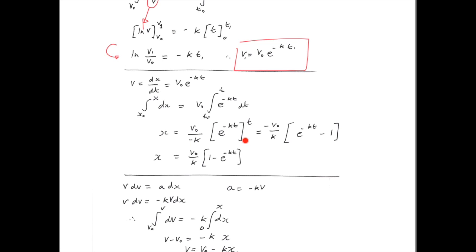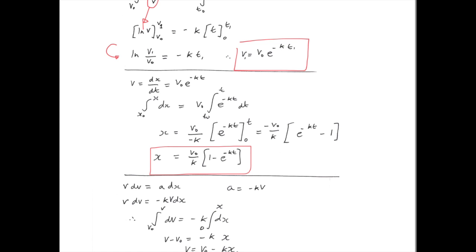Integrating this, slightly more complex form, you this time have, because of the constant from the first one, a 1 minus e to the minus kt, but this gives you the analytical variation of displacement x as a function of time, given the constant initial velocity and the constant k.